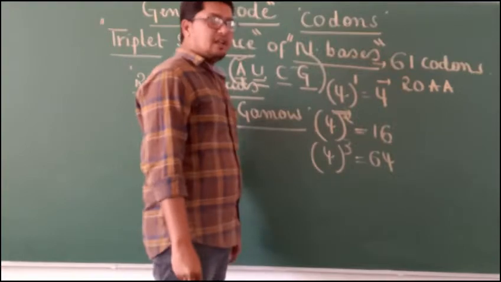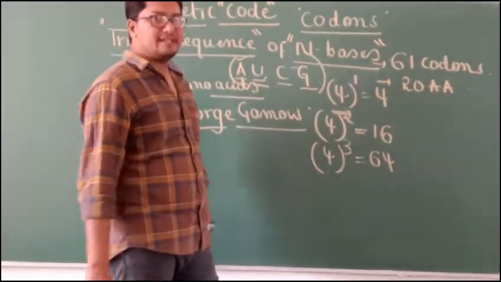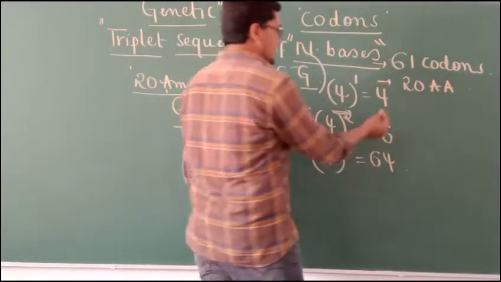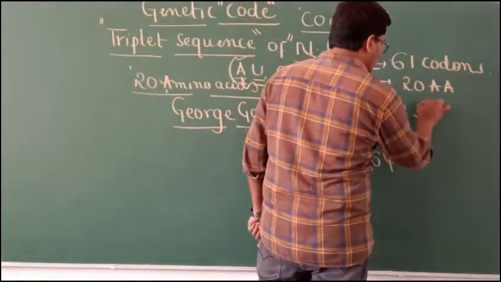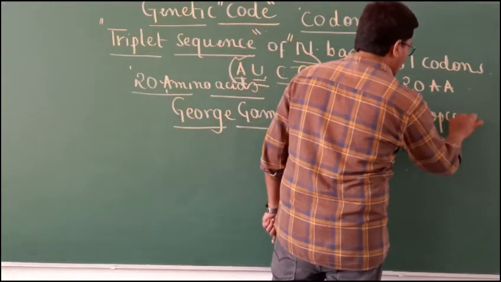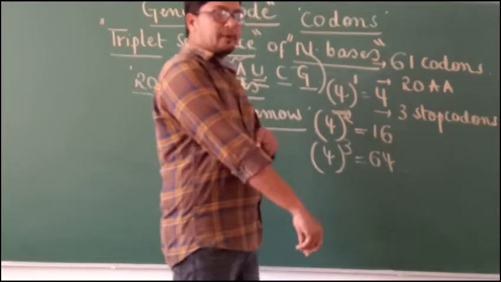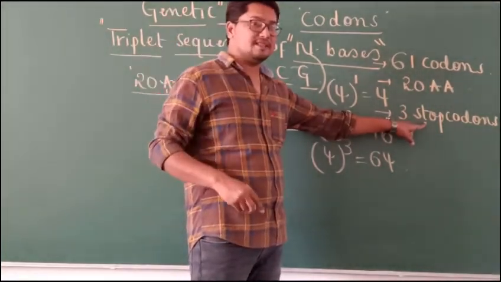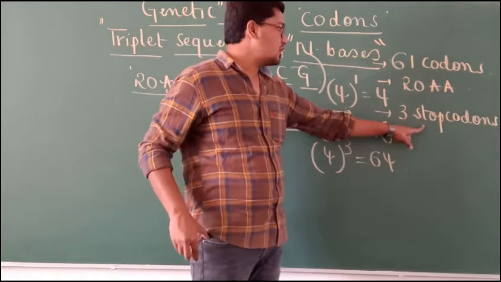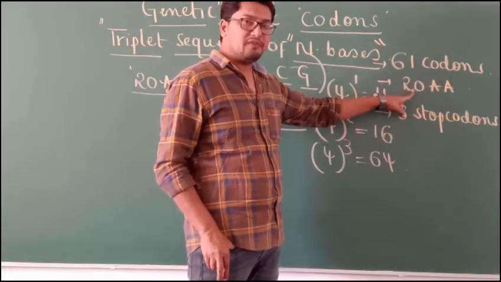So 61 are called coding codons and they code for 20 amino acids. And the remaining 3 codons are called stop codons as they do not code for any amino acid and they stop the polypeptide chain synthesis. That's why 3 are called stop codons and 61 codons code for 20 types of amino acids.